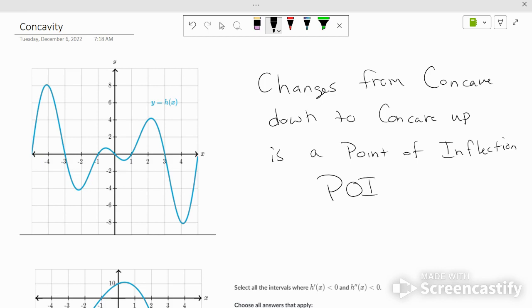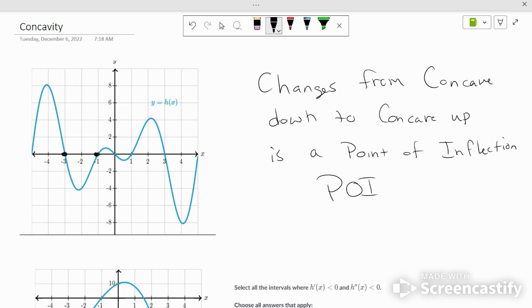How to find the poi? How do we find critical numbers? We took the first derivative and set it equal to 0. To find the poi, we take the second derivative and set it equal to 0. Now, we can look at this drawing and find poi pretty easily without doing derivatives. Boom, right there, it changes from concave down to concave up.